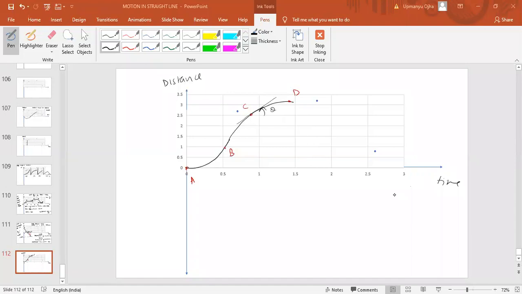Yes, the slope represents the instantaneous velocity. So the more the slope, the more the velocity. So which angle is more, B or C? I think B is more than C. Is that correct or not? So if B is more than C, then which answer is correct?